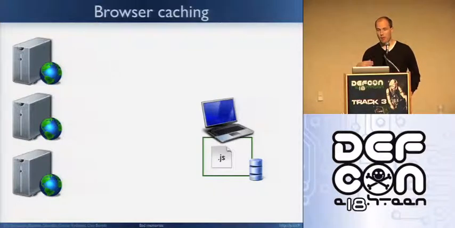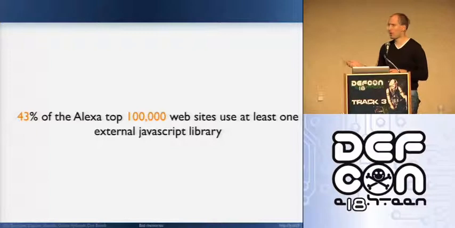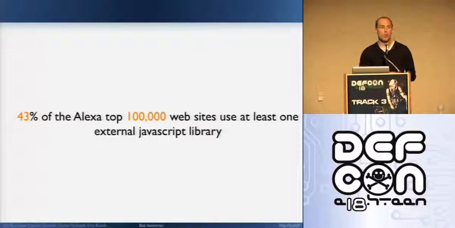I did a bit of crawling on the Alexa top 100,000 websites, and I see that at least 43% have an external JavaScript. Can you guess which is the most popular JavaScript library in the world right now? Google? Which one of Google? Google Apps? Google Ads? No, you're wrong. Google Analytics, you're right. And the second one is jQuery.